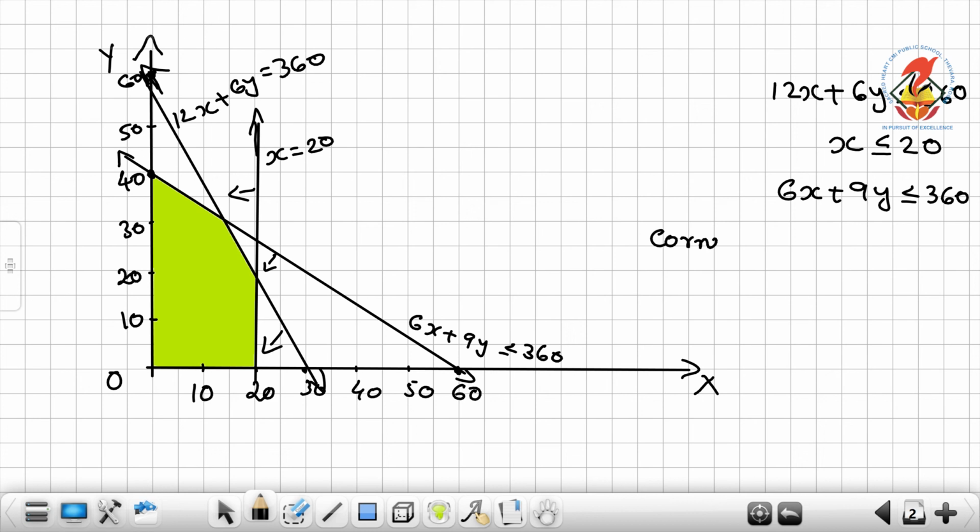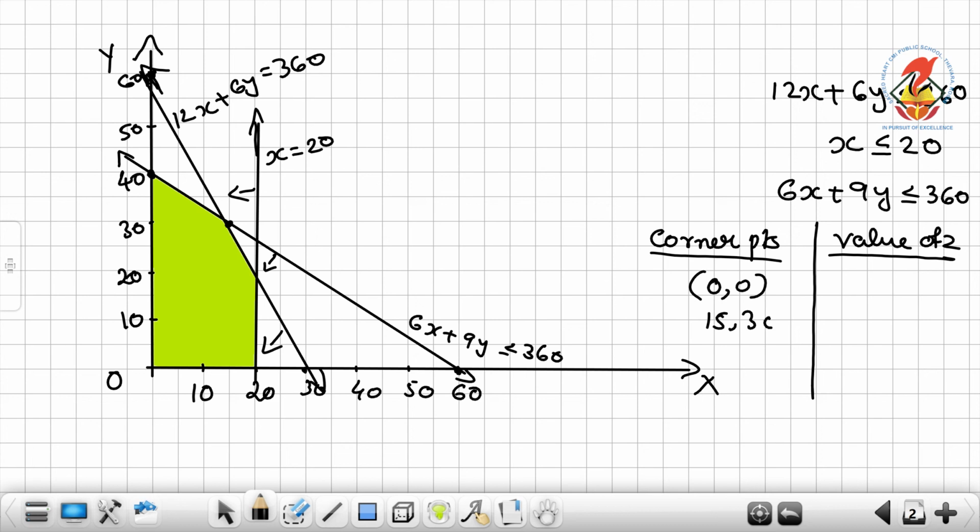Corner points and values of z. One is the origin, the other one is here, 15, 30. Here we have one more point, that is 20, 20. Then 0, 40.